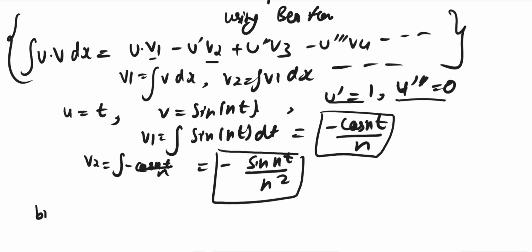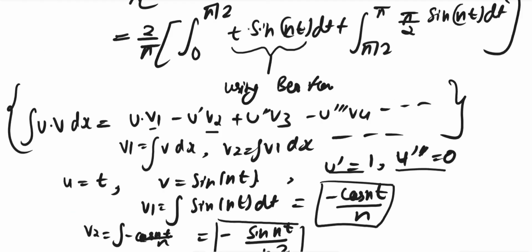So bn is equal to, now we found the integration form for t sine nt, in which we will put u v1 and u dash v2. So it will be 2 upon pi, and u multiplied by v1, that is u is t multiplied by minus cos nt divided by n, further minus u dash multiplied by v2.